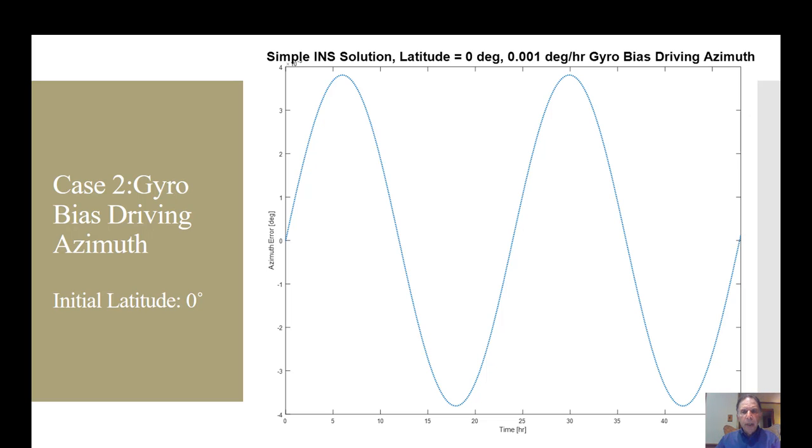And you could check our results for case 2 with the azimuth amplitude here. Check the analytical results that we gave in previous slides and see whether they correspond to the 0.001 degrees per hour driving azimuth as we derived in case 2.